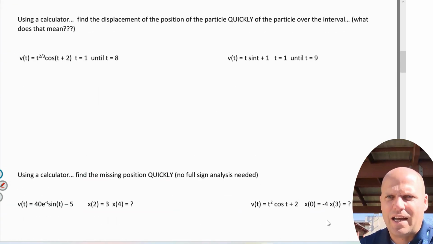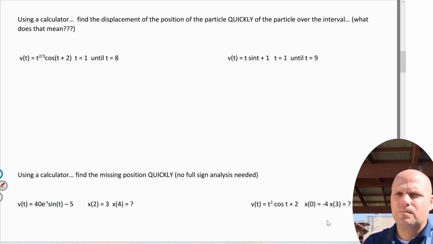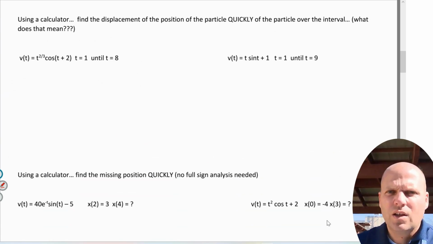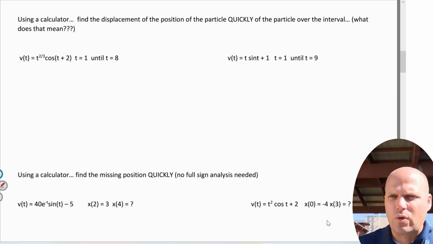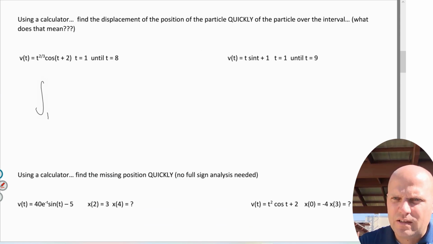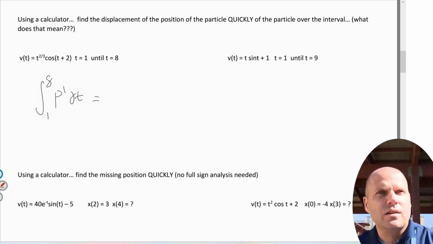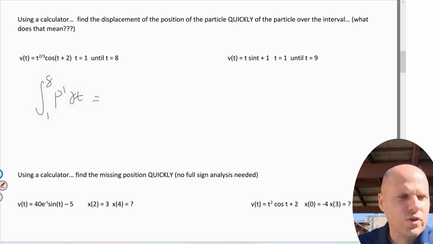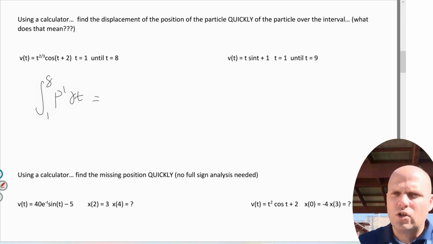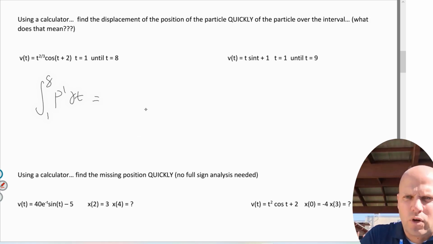And that's the idea behind quickly. How did my position change? Without doing a full sign analysis, you know that if you just accumulate your derivative, meters per second times the seconds over the interval of seconds, you will get how much your position changes.